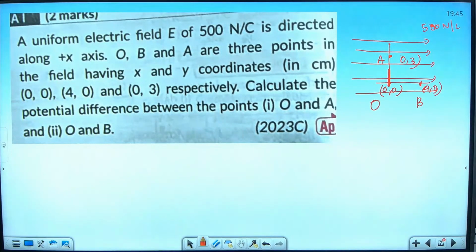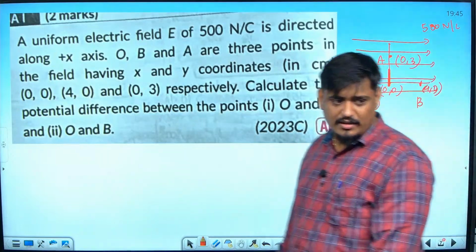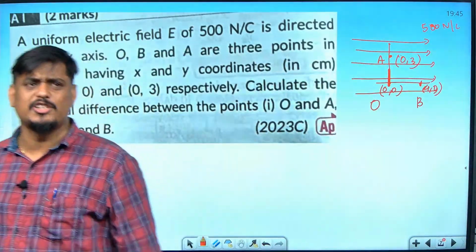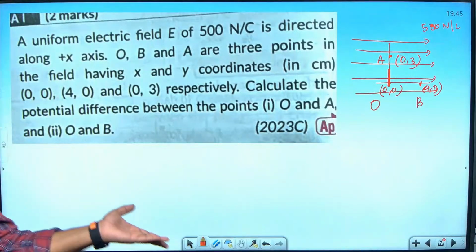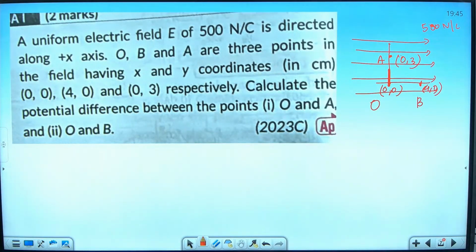Don't you feel that 0 comma 0 and 0 comma 3 are lying at the same points in the electric field? What is equipotential surface? I have not talked about that till now, I will go into it in the next slide. It is a surface formed by joining all the points of same potential.